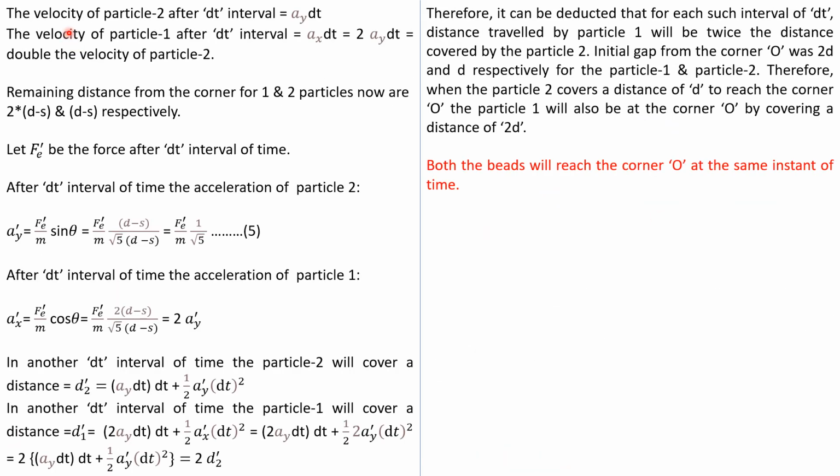Now if we calculate the velocity of particle 2 after dt interval, it will be ay into dt. Same way for particle 1, ax into dt, but ax is 2ay, so 2 ay dt. So the particle 1 velocity is double the particle 2 velocity.